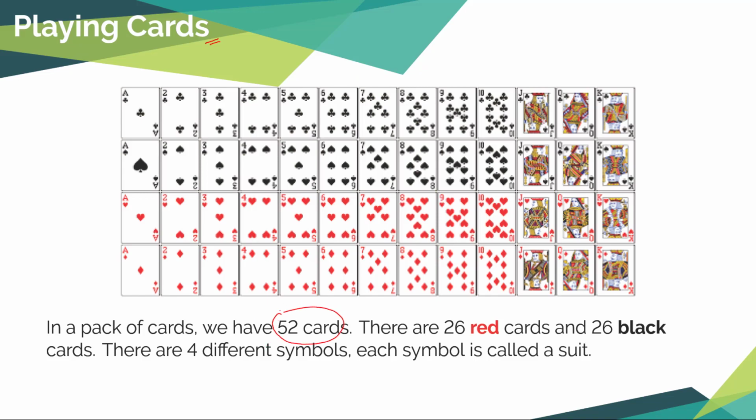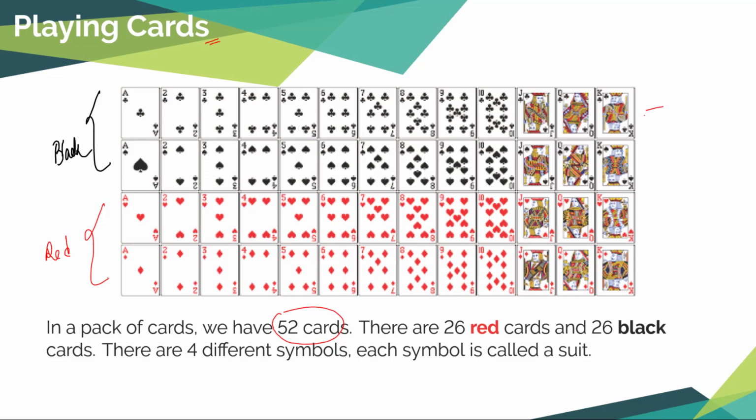The entire collection is called a deck, or a packet. So in a deck there are 52 cards, where 26 are red and 26 are black. These are black and these are your red cards, right?